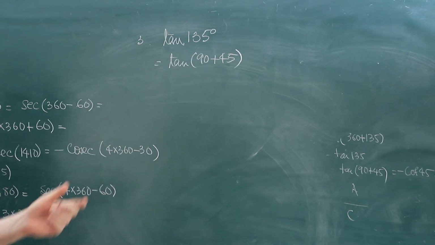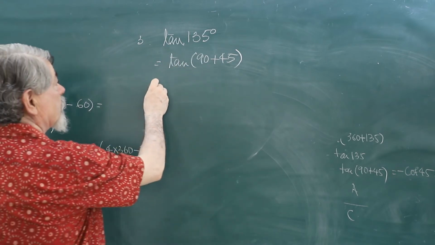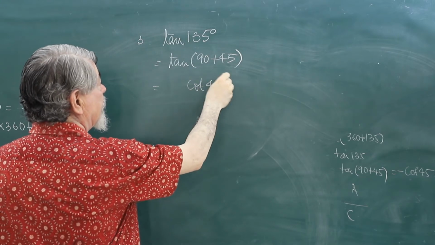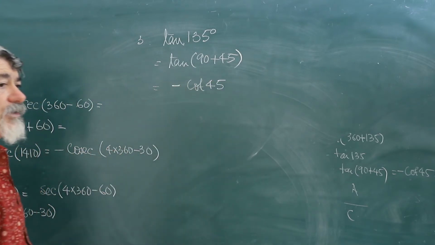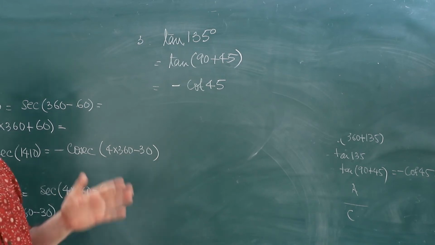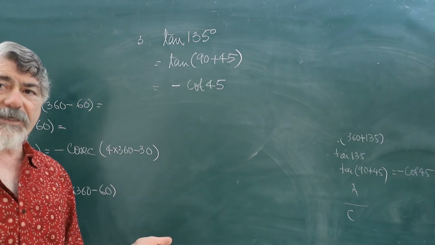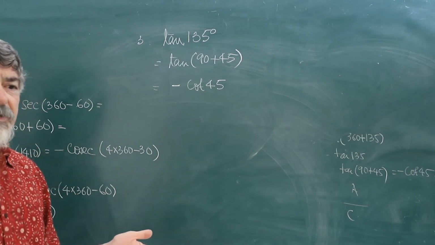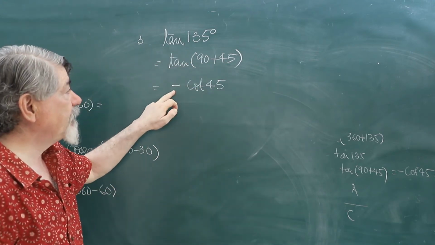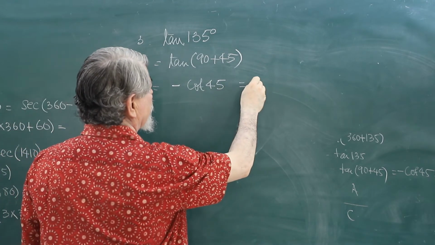When it is 90 plus something, it will change to cot. It will change to cot 45, and it will become minus. Why? Because tan is negative in the second quadrant. In the second quadrant only sine and cosec are positive, the rest of the trigonometric ratios are negative. So tan 90 plus 45 will become minus cot 45, and cot 45 is what?